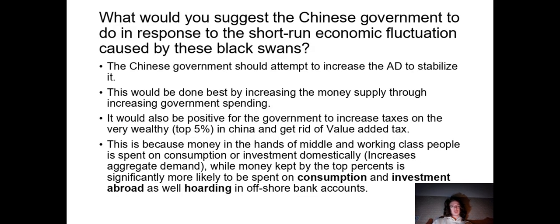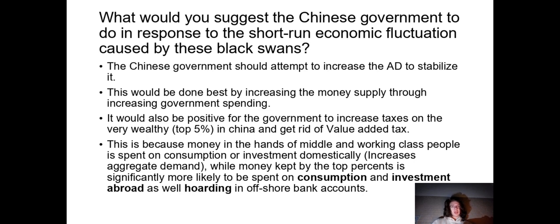So what do we suggest that China's government should do in response to the short-run economic fluctuations? The Chinese government should attempt to increase aggregate demand to stabilize it. And this would be done best by increasing government spending. It would also be positive for the government to increase taxes on the very wealthy and get rid of the regressive value-added tax.